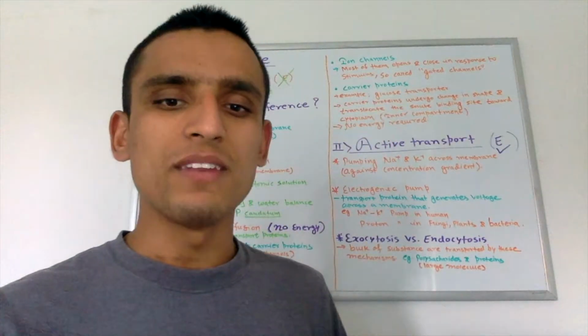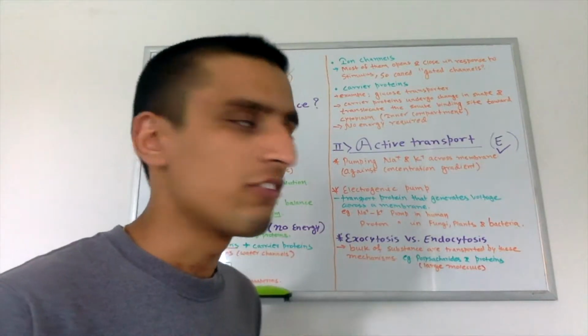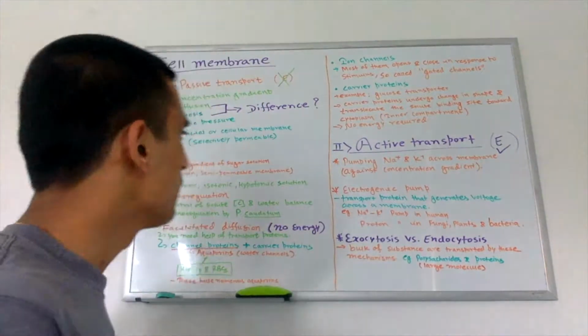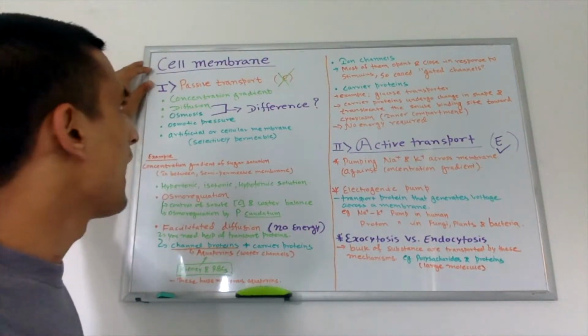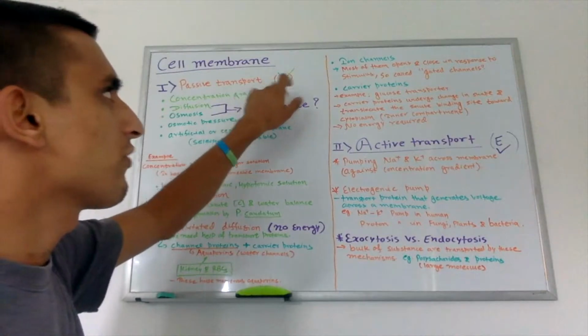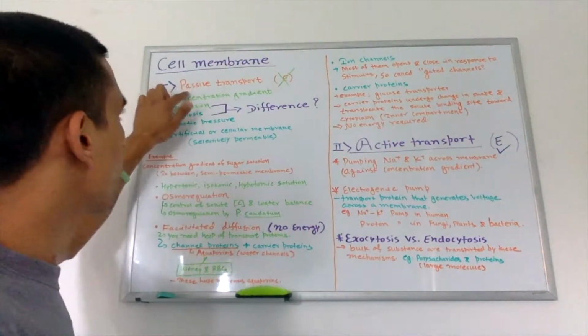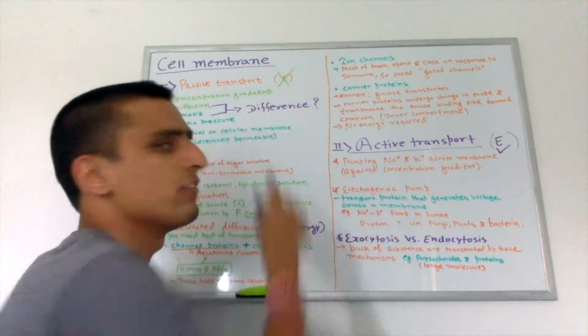So let me start with that. I have some notes on the back of the whiteboard, and they're going to be very helpful for understanding those things. Let me show you. In the cell membrane, you usually have passive transport and active transport. In passive transport, you don't need any energy, so I crossed out the E, which is energy.